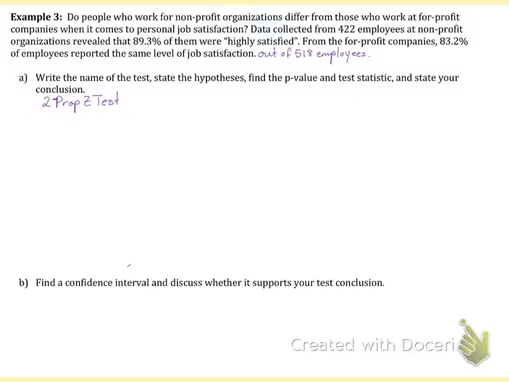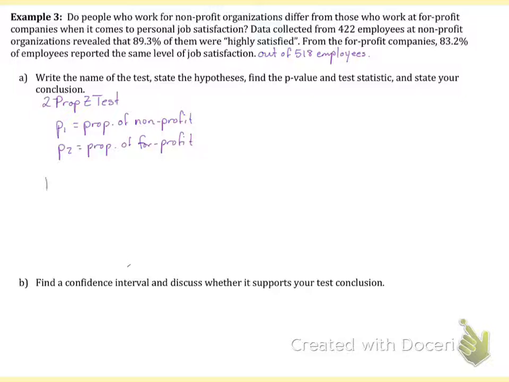Now let's talk about the hypotheses. So the null hypothesis, actually, I'm about to talk about P's, so let's make sure that we tell everybody what our different P's stand for. So I'm going to let P1 equal the proportion of nonprofit employees that are highly satisfied, and P2 be the proportion of for-profit employees that are highly satisfied.